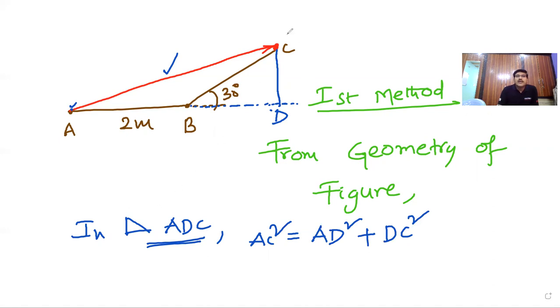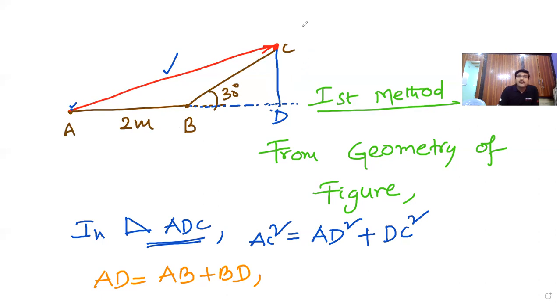Now, can I write like this? AD is AB plus BD. AB is already 2 meters. If I know BD, I add this BD to AB, I find AD. Clear? What is BD? You don't know BD. CD also we don't know.